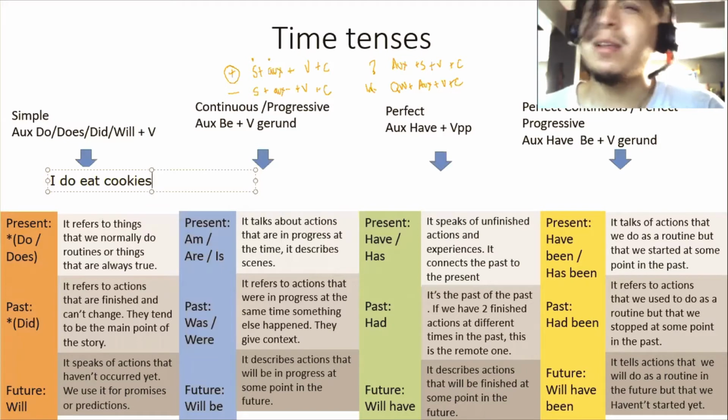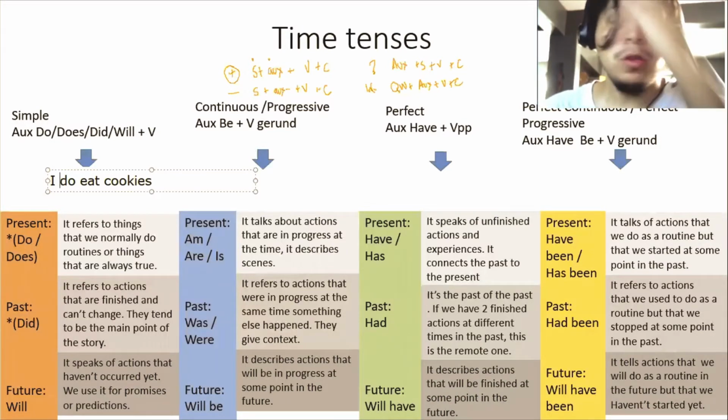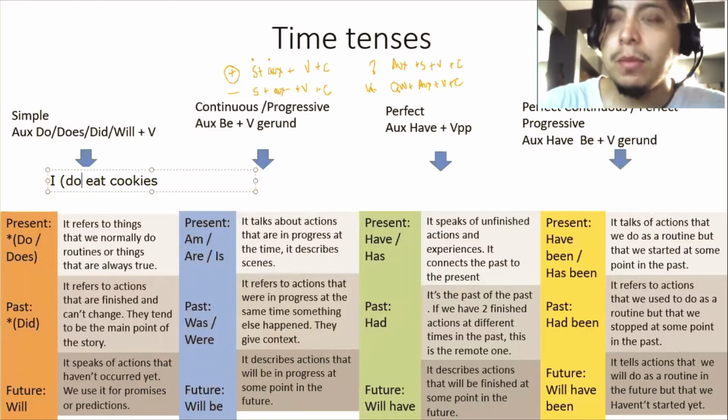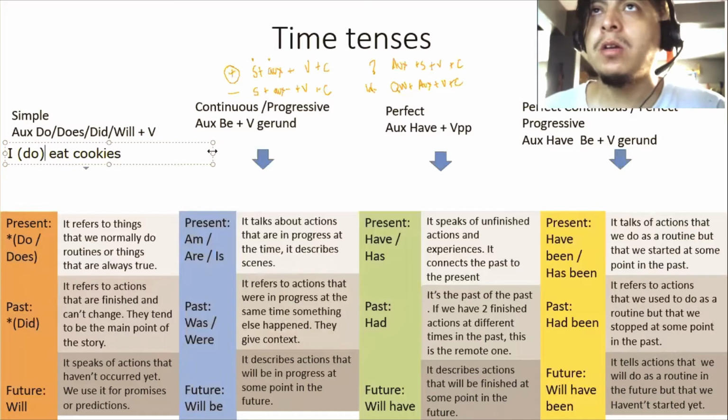I do eat cookies. This is the simple present. The only problem is, as you remember, in the simple present, we normally don't use the auxiliary in affirmative statements. So because this is an affirmative statement, we're not gonna use the auxiliary. So this is it. I eat cookies.